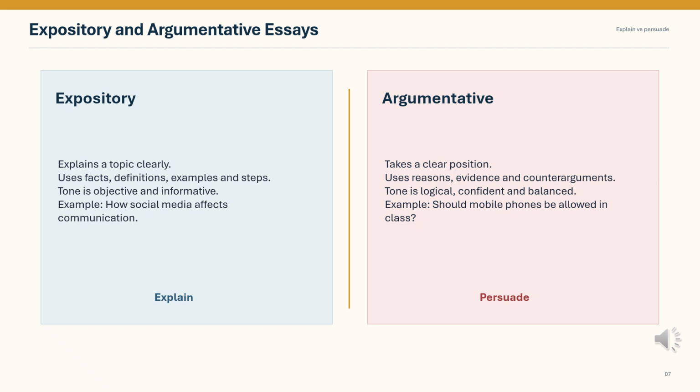Now, this is argumentative because the writer must take a position, yes or no, and write in support of or against that. Okay. So, if I put it in simpler words, it would be like, am I only explaining the topic? If you are doing that, then it is expository. If you ask yourself a question, am I trying to prove a point? If yes, then it is an argumentative essay.